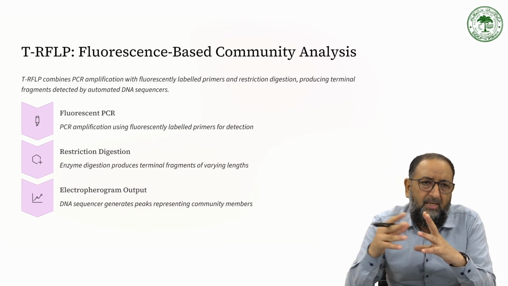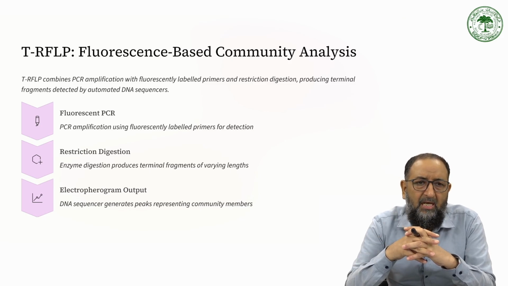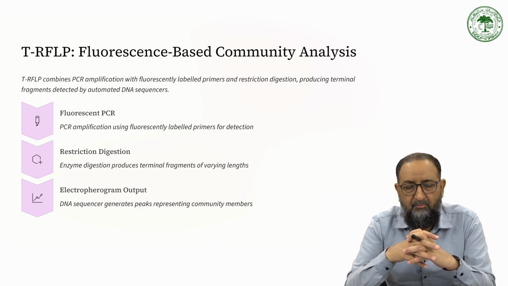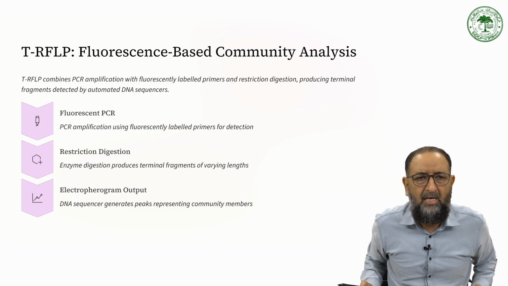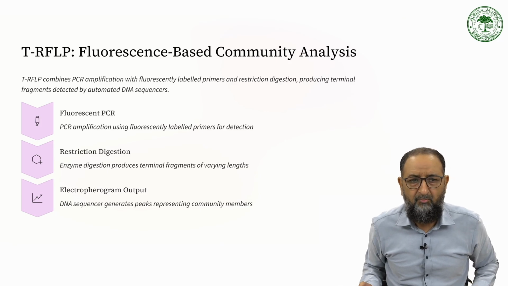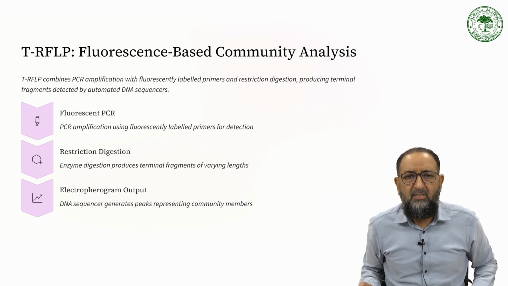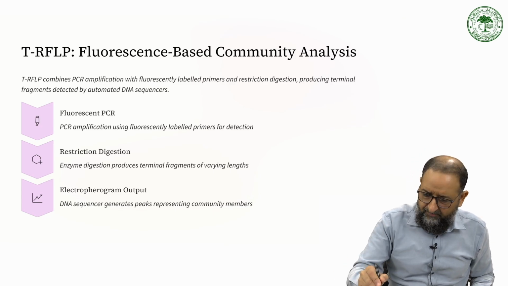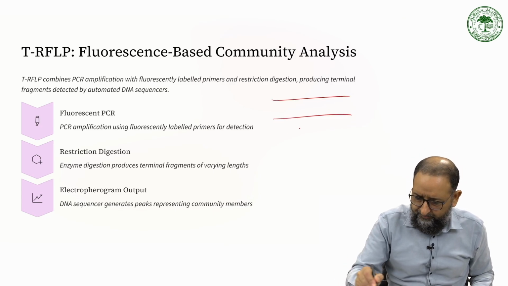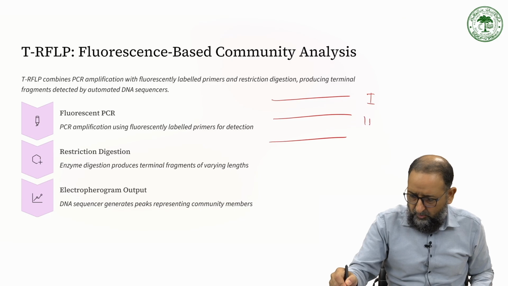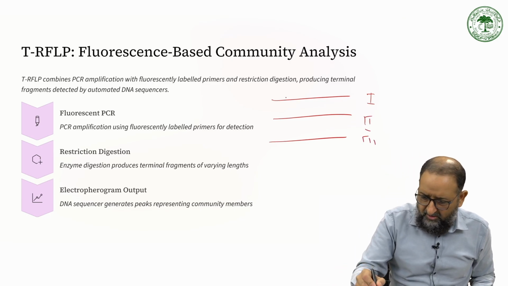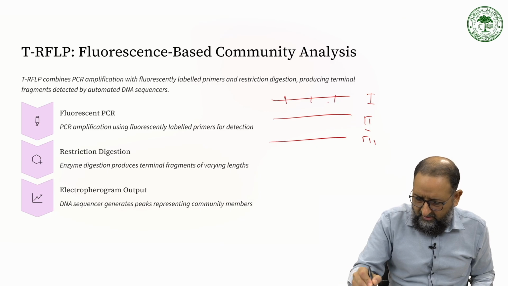Now, compared to that, if you talk about T-RFLP, terminal restriction fragment length polymorphism, this is derived from a very old technique we call RFLP, restriction fragment length polymorphism. What is restriction fragment length polymorphism? For example, take 3 sequences, 1, 2, 3.